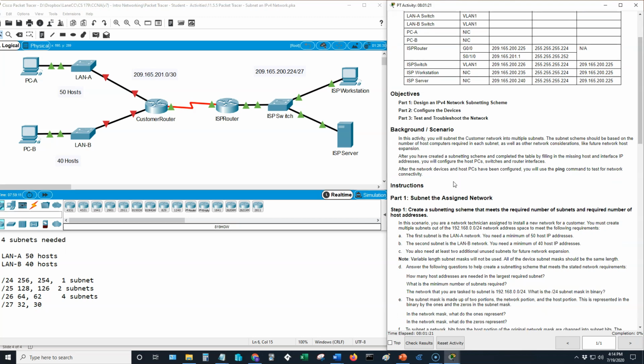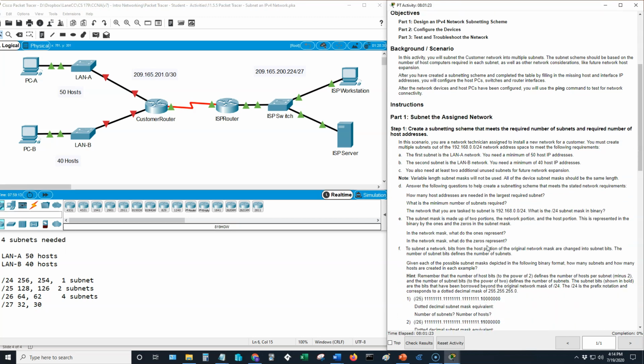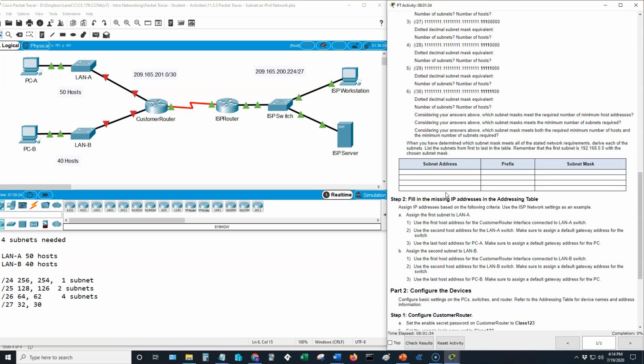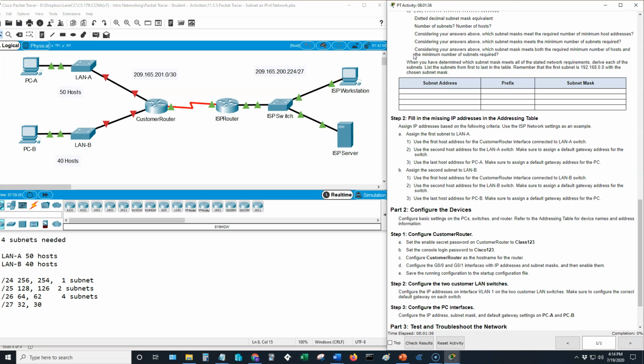In the assignment, there are a series of questions that you'll be asked. It's important to go through these so that you'll have a better appreciation of how subnetting works at the very detailed level. But I'm going to move us down here to step 2 when it's saying fill in the address space.